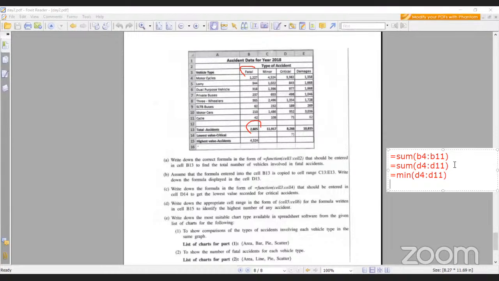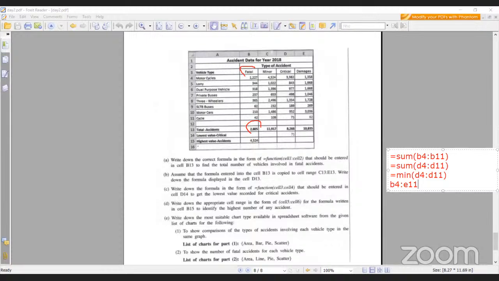For the formula written in cell B15 to identify the highest number of any accident. To get the highest, what do we need? Only the cell range goes in. So we go from B4 colon, for any accident, all of damages, critical, minor, fatal, everything. So B4 colon E11. If you want, you can use MAX for it and you get marks.